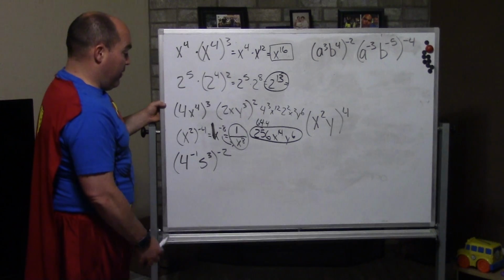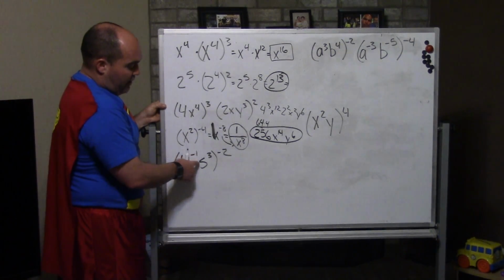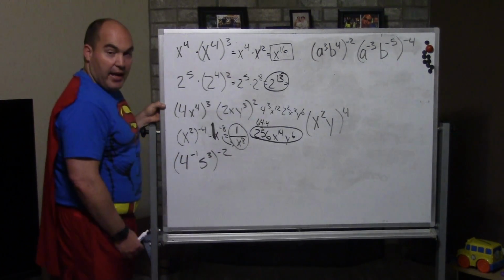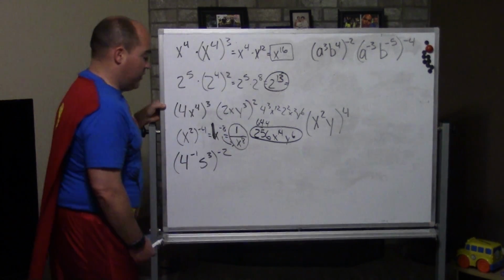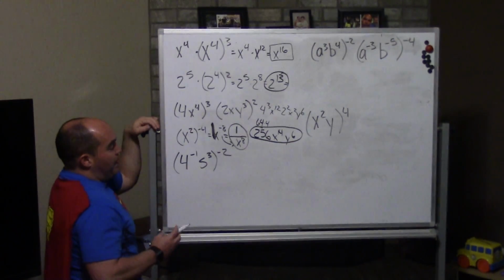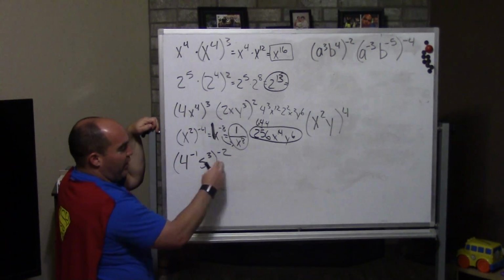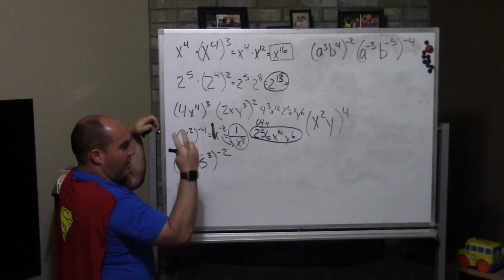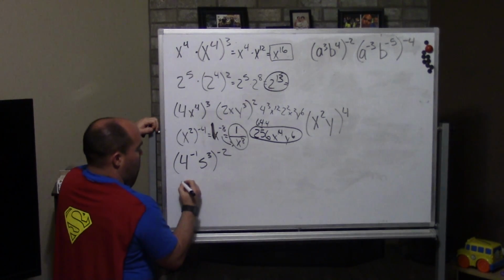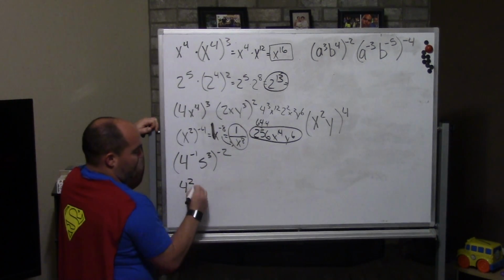Alright, down here, hopefully you can read my writing. I've got 4 to the negative 1, and then s cubed to the negative 2. So all of that is to the negative 2. What I want to do is go ahead and get this product of a power, and get this negative 2 kind of distributed, for lack of a better word, to both those things. So 4 to the negative 1 times negative 2 is positive 2.